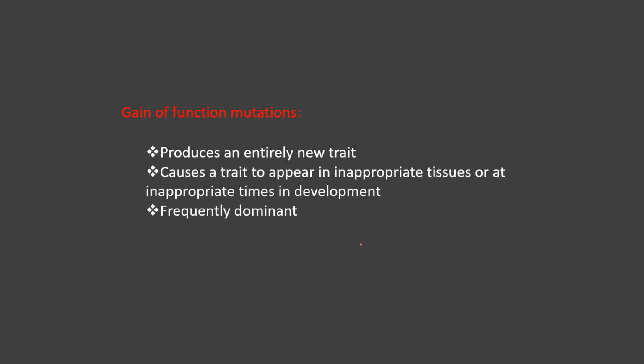And these are normally dominant, which is good, because if you gain a function that is good for your population, it means that you can more easily pass on that mutation to the rest of your population, right?